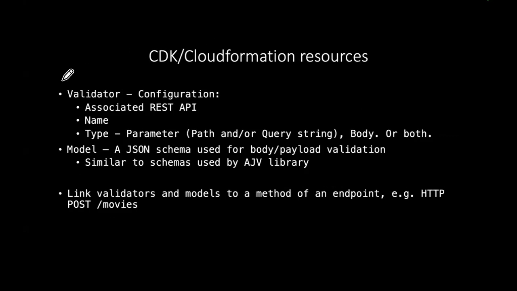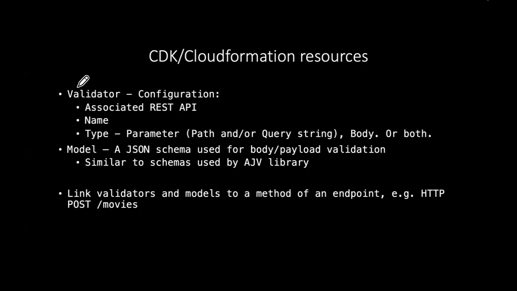And there are really only two types of resources. There's a validator resource, and there's what's called a model resource. Presumably the CDK framework has L2 constructs that allow us to create instances of these two types of resources.